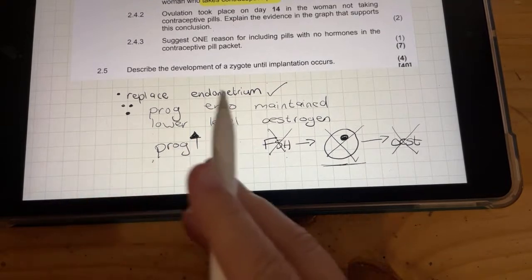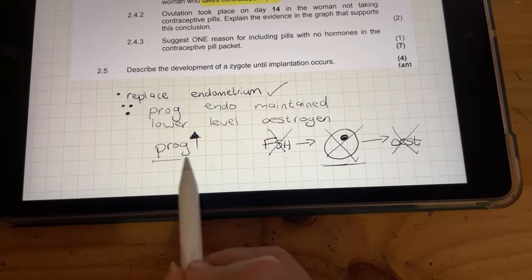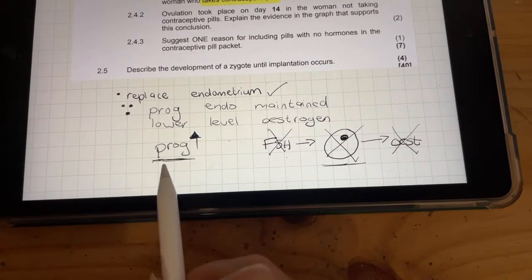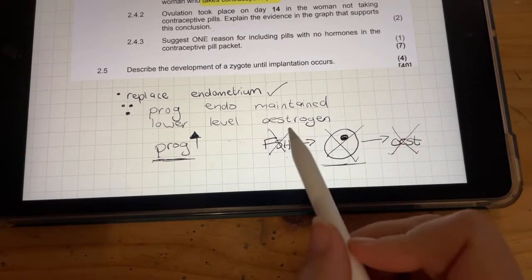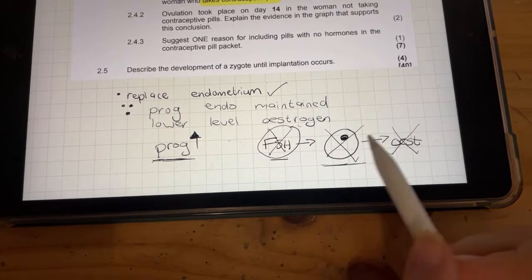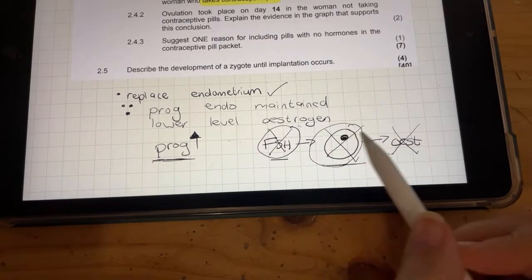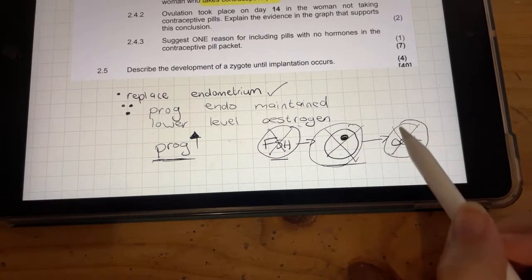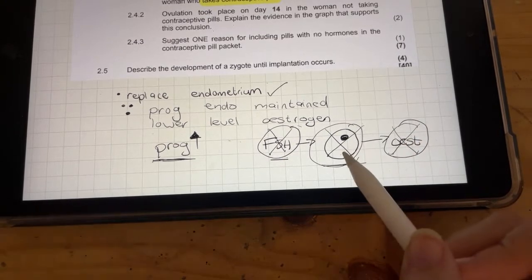Now, remember, we're pretending to be pregnant because, of course, we're preventing pregnancy. So if progesterone is high, there will be no need for estrogen to replace the endometrium because we are inhibiting FSH, and by inhibiting FSH, you are inhibiting the production of a follicle, and if you inhibit the production of a follicle, you inhibit the secretion of estrogen because estrogen comes out of the follicle.